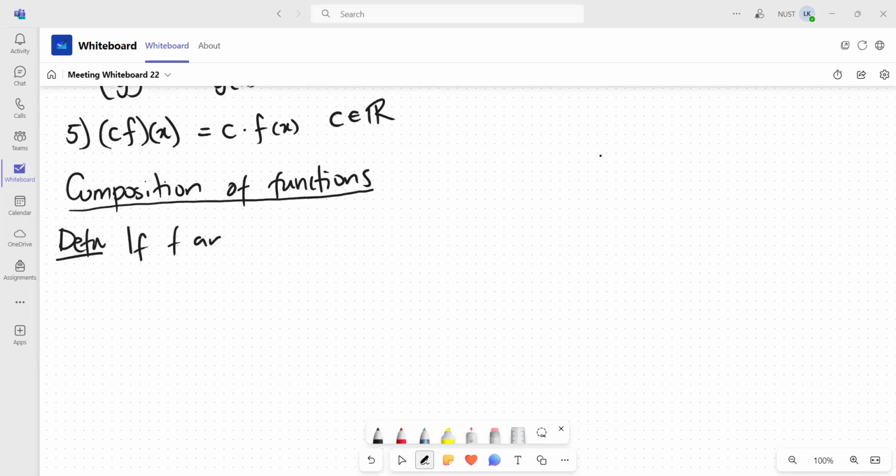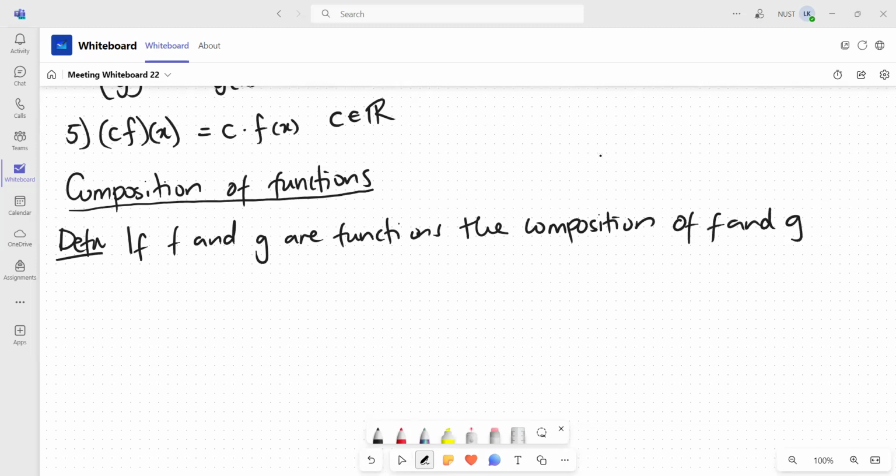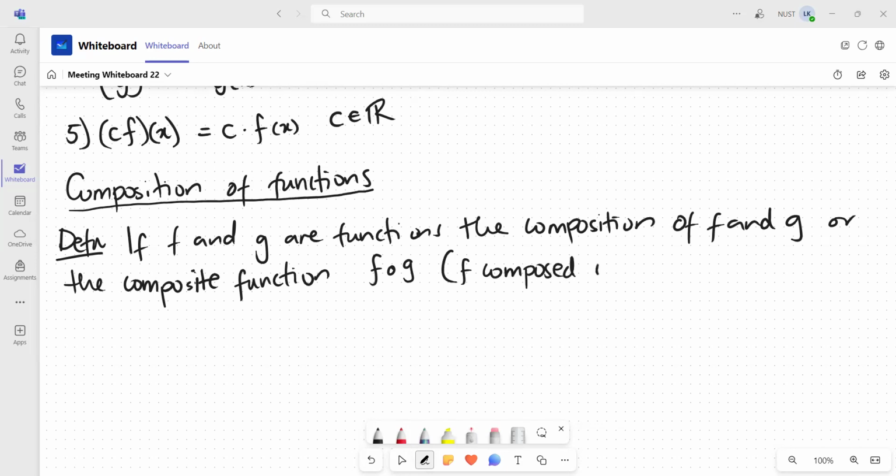We say that if f and g are functions, the composition of f and g, or we say the composite function, we write it like this: f with a circle, and we read this as f composed with g, is defined as follows. f of g of x.